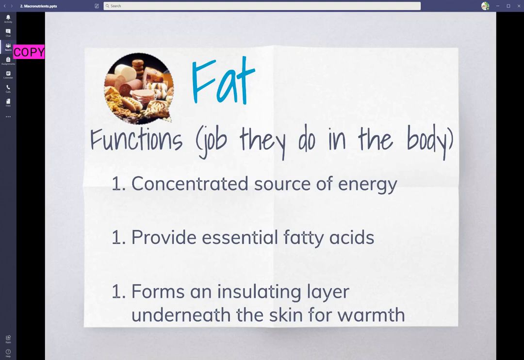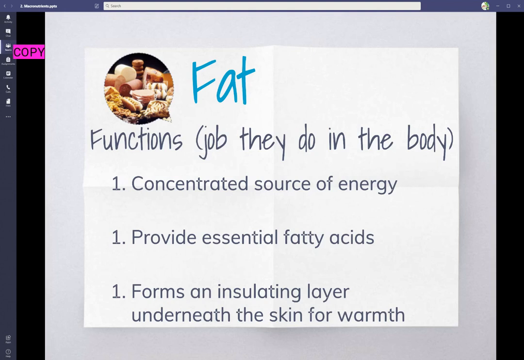Essential fatty acids are required to reduce the risk of things like blood clots and heart attacks. Another function of fat is that it provides an insulated layer underneath the skin for warmth and also to surround and protect vital organs such as kidneys. Fat also provides us with fat-soluble vitamins such as vitamin A, D, E, and K.